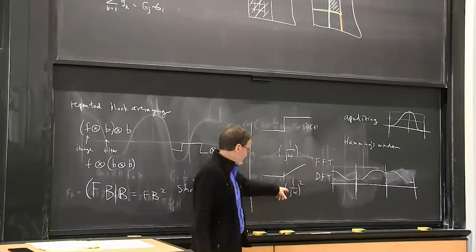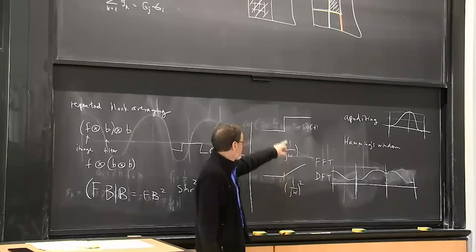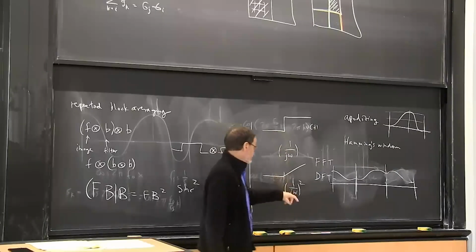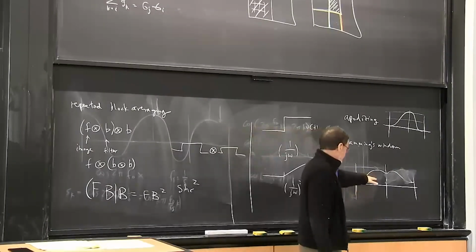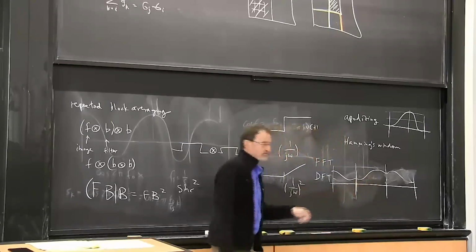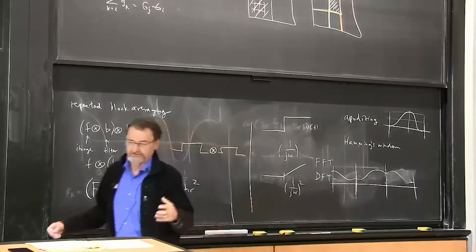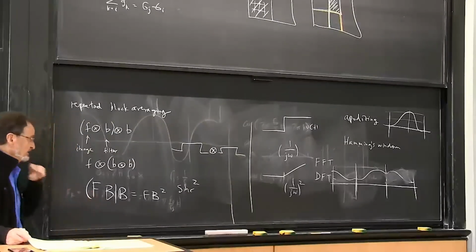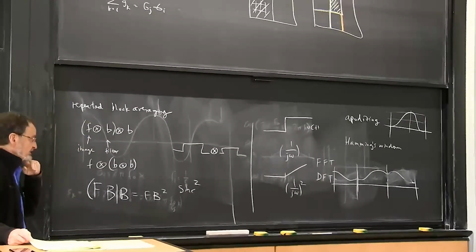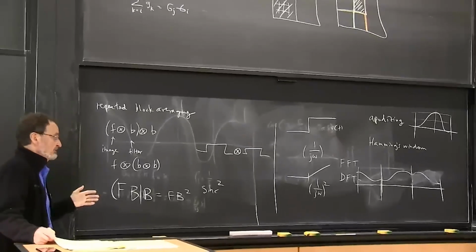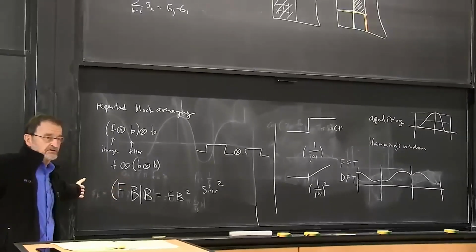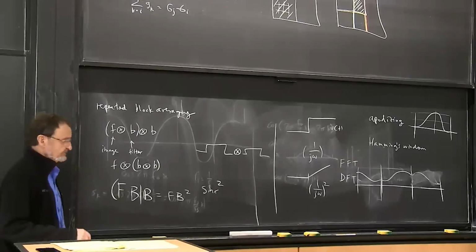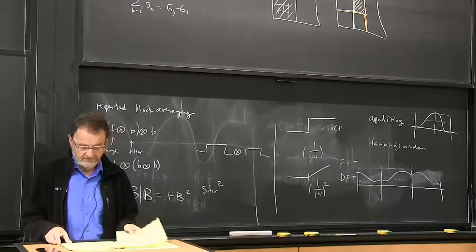And its transform is, of course, the square of this, because basically we've convolved the step function with itself to get that. And so this is better, a lot better, because now it's dropping off as 1 over f squared. You still haven't solved the problem, which is because we're assuming that it's periodic. And so how can we avoid that? Well, we can take an infinitely wide picture. Then we don't have this problem. But that's, of course, not really an option.